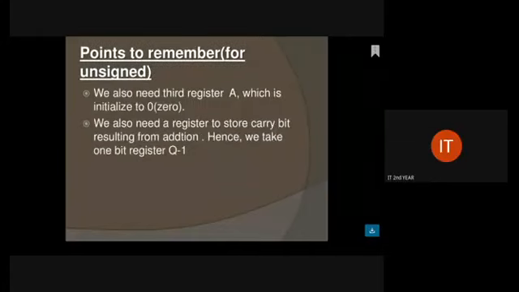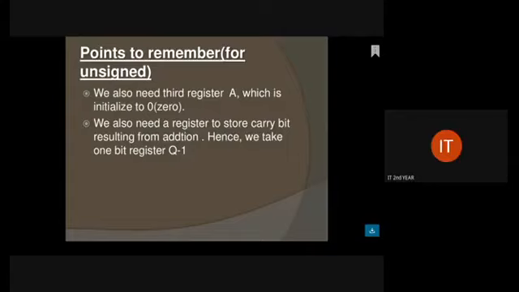Next, we also need a third register, which is called A. We name it the accumulator register. We already know the benefit of the accumulator register. Whenever we are not mentioning the name of the register, the default register assigned will be the accumulator.